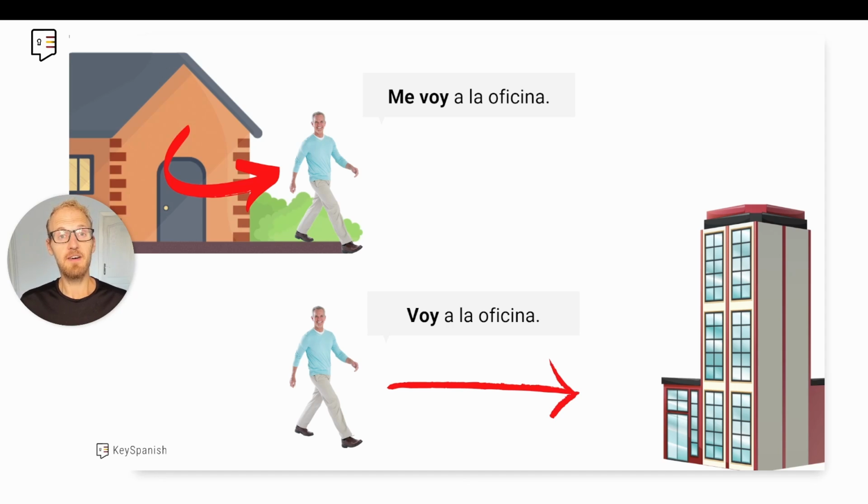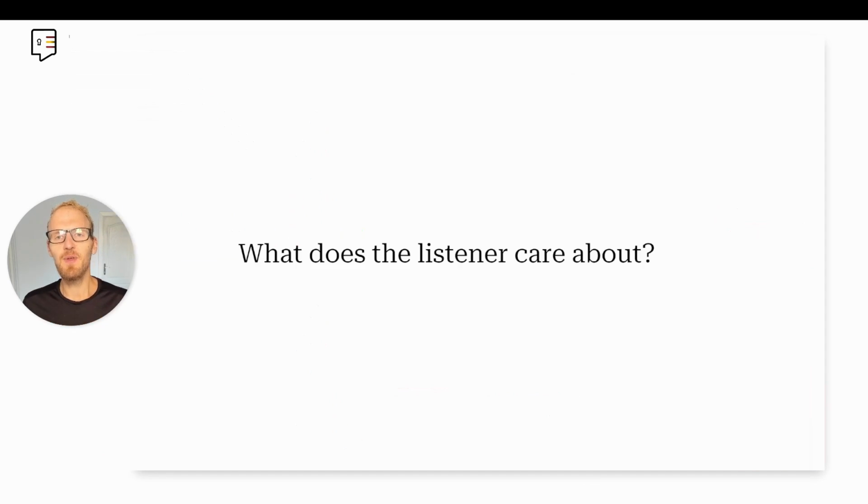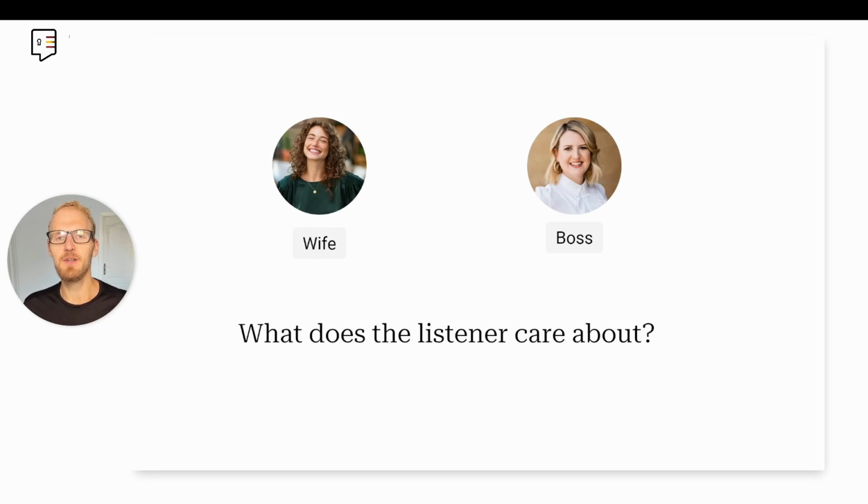But even better than thinking about what do I want to communicate is to think what does the listener care about. So imagine that these two sentences are said to either the wife of the person or the boss of the person.